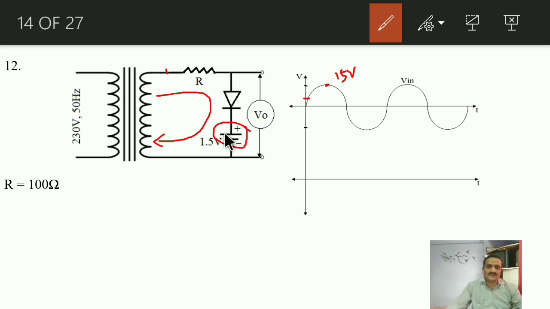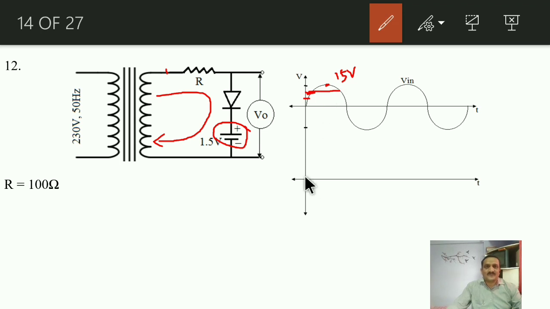It will overcome the barrier, but the extra barrier is connected in series with it. So the total barrier of this series combination is 0.7 plus 1.5, so it is 2.2. That means the input has to reach 2.2, only then will the diode start to conduct, and the output will get maintained like this.